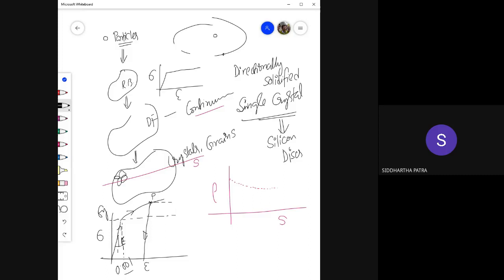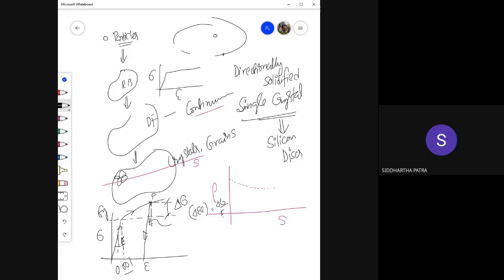Okay, so how much would be the elastic strain once you reach point P? Let's say delta sigma is your rise in stress, so delta epsilon elastic would be simply delta sigma by E, which basically means this much strain.